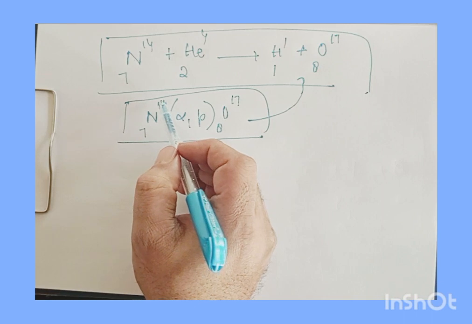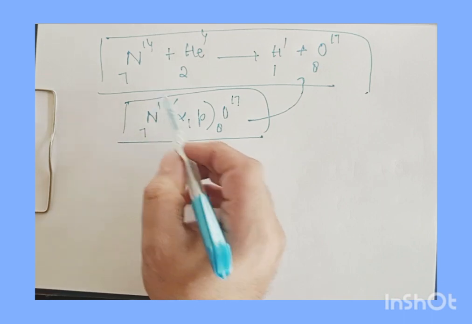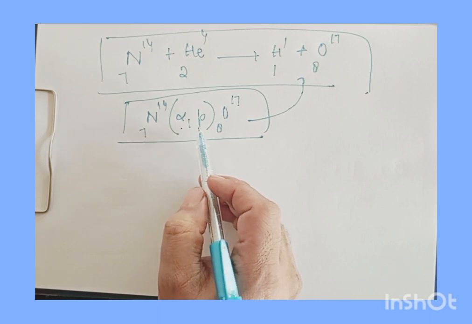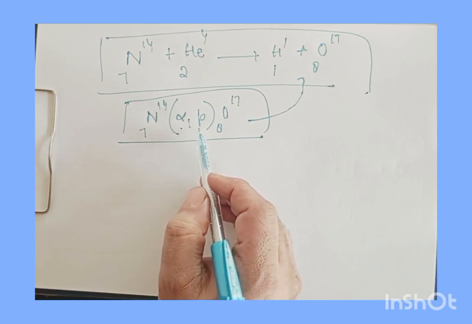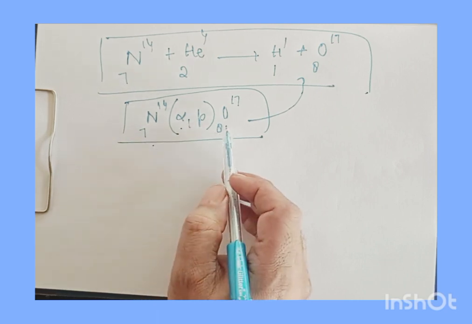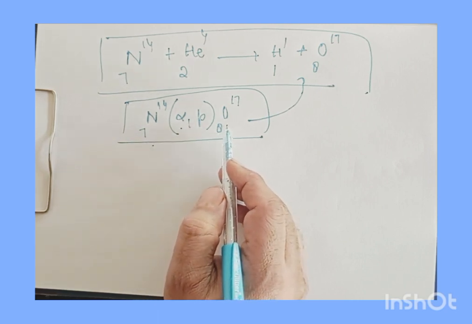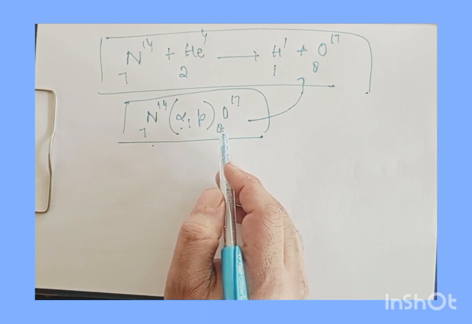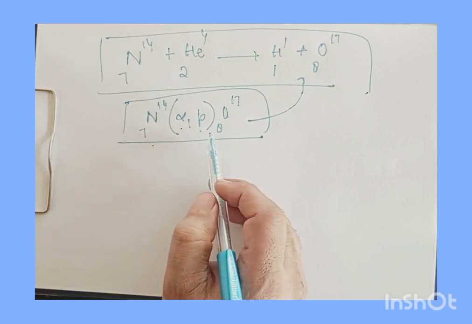So we have the stable nucleus of nitrogen. It is bombarded with alpha particle, and P is the proton that's ejected out of that nucleus, and this nitrogen is converted into oxygen. And in this case, alpha particle is a projectile, and P is the outgoing particle.